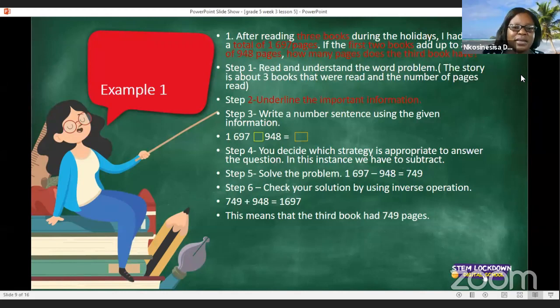And then the sum continues. If the first 2 books add up to a total of 948 pages, how many pages does the third book have?